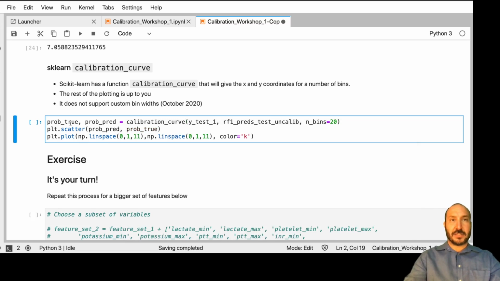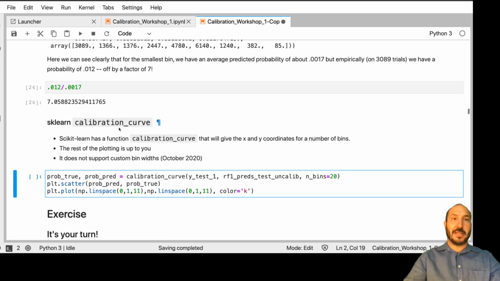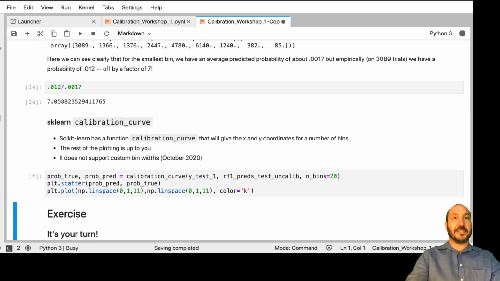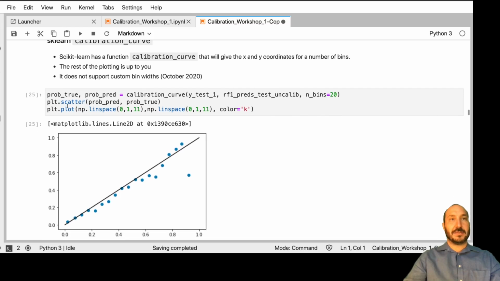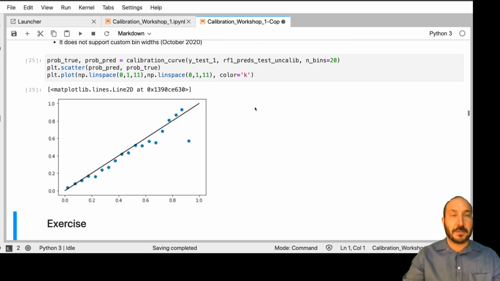But basically, it just returns these same numbers that I had in my first 2 bins, the predicted probabilities and the empirical probabilities, and then leaves it to you to plot with them. So it doesn't do error bars, doesn't do custom bin widths, and so forth. But I want to let you know, it is there. There is a scikit-learn way to do this curve, but it's a bit more basic.